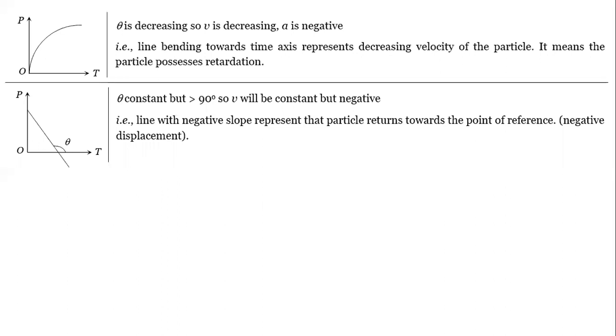So if tan is negative, we say the velocity is also negative. It is constant because the angle is not changing for the entire graph. If the angle is not changing, the velocity is constant. But since the angle is more than 90, the tan of more than 90 is always negative, which means the velocity will be negative.